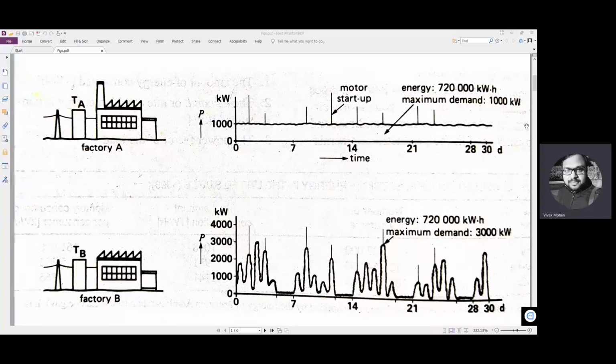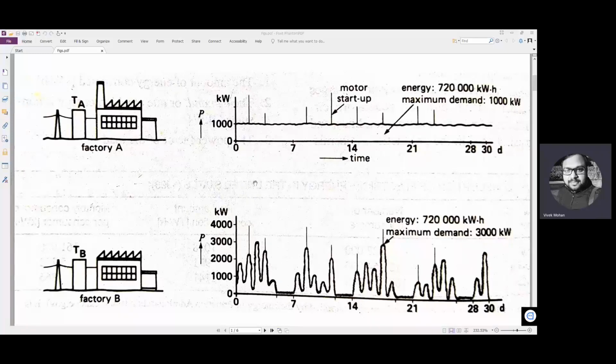That is very significant. Now here you can see the power fluctuates between some 50 kilowatts to some 3000 kilowatts. That is the fluctuation range. So the capacity of the transformer and transmission line supplying factory B should be greater than that supplying factory A, right?